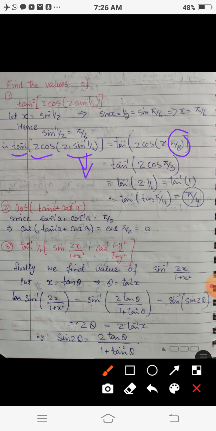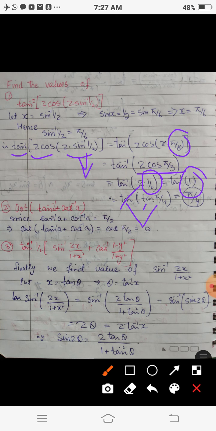Now pi by 6 into 2 is simply pi upon 3. So here cos pi by 3 is 1 upon 2, which implies that 2 into 1 by 2 is tan inverse 1. You know that tan pi by 4 is 1, so put tan pi by 4 in place of 1, which implies that the given question becomes tan inverse of tan pi by 4.